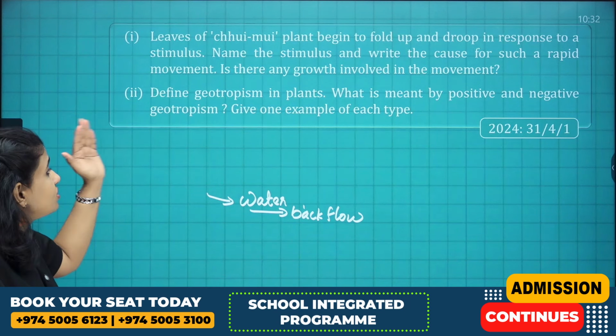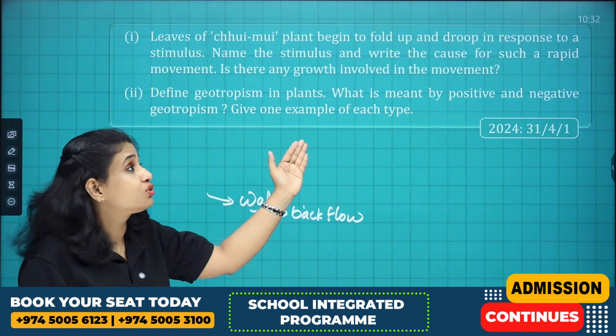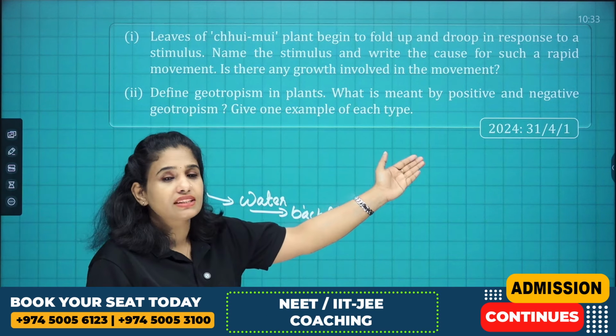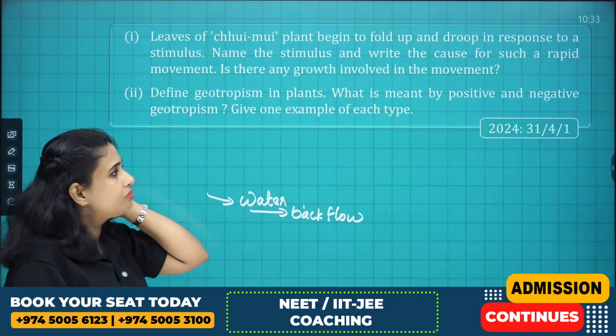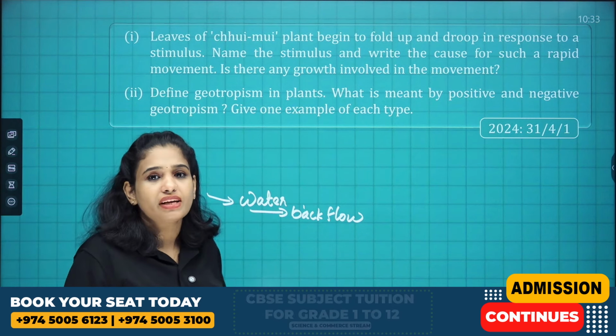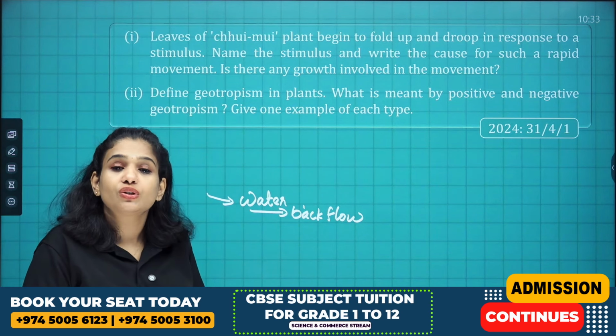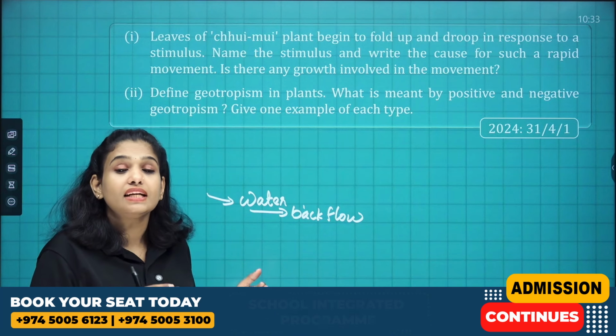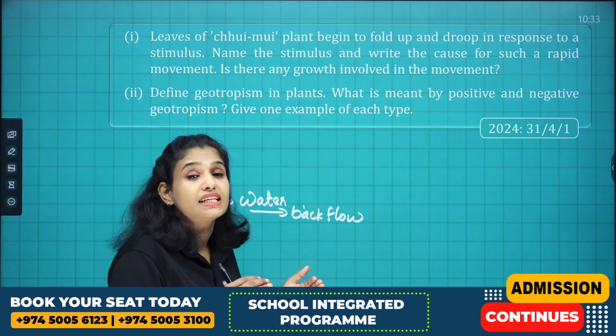Now, next question: define geotropism in plants. What is meant by positive and negative geotropism? Give one example of each type. See, geotropism is growth of plant part in response to Earth's gravity.